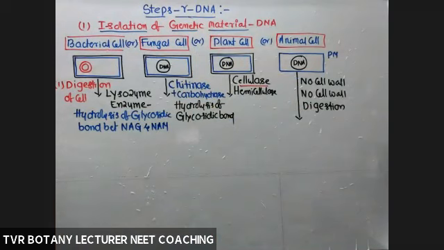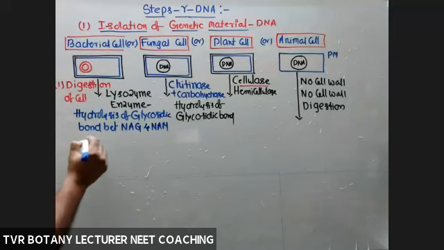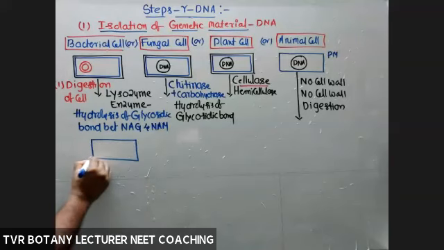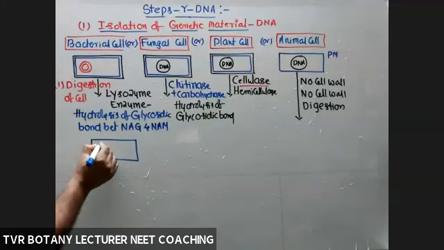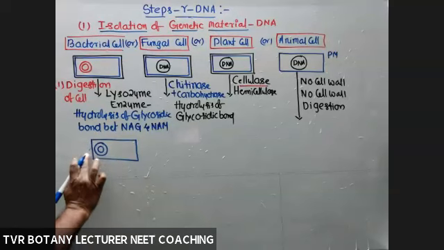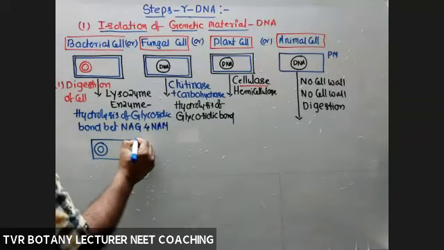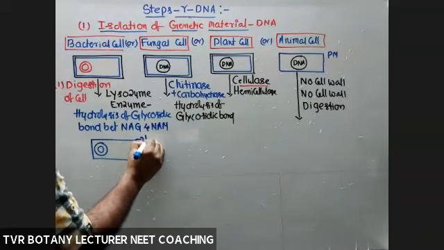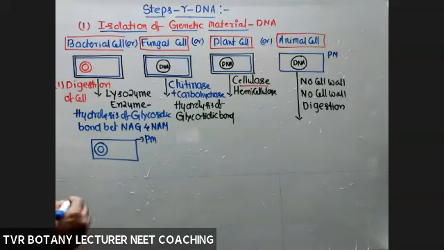Okay. So after removal of the cell wall, the available one now is the protoplast, the protoplast containing DNA. Protoplast of a bacterial cell: this is the plasma membrane, PM, I am writing plasma membrane.